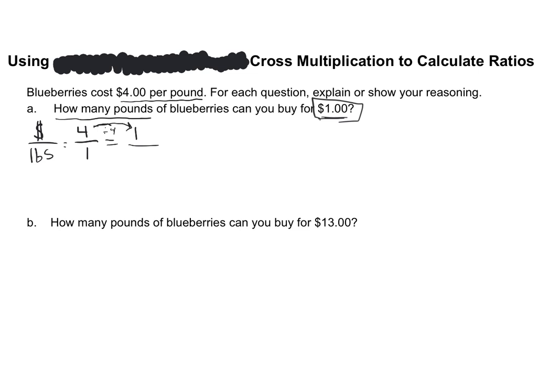So to keep our ratio equivalent, we can take our denominator and also divide it by 4. And 1 divided by 4 is 1/4, or if you did that in a calculator, you might have gotten 0.25. But what this means is that for every $1, we can purchase 1/4 of a pound of blueberries.